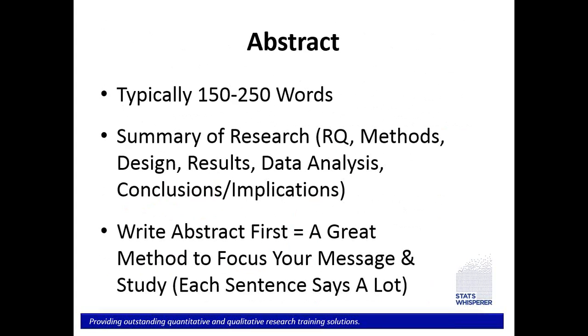Specifically, it's a summary of the research, as in our middle bullet point, where we can present in that short little 150 to 250 words the research question, the methods, the study design, the results, the data analysis methods, and conclusions and implications.